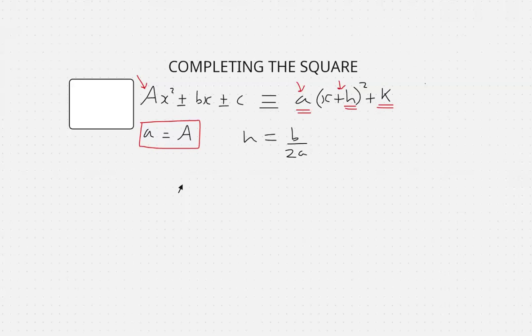We're going to put this in a little box right here. And then now we have the formula for K. K is equal to 4AC minus B squared over 4A.